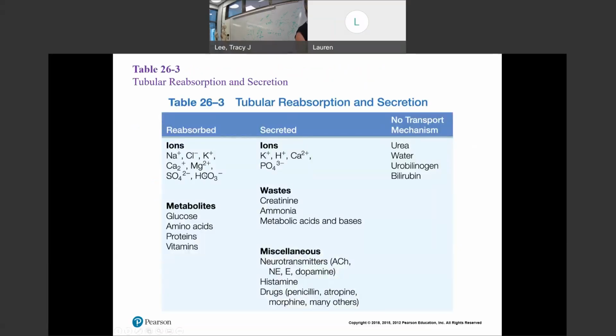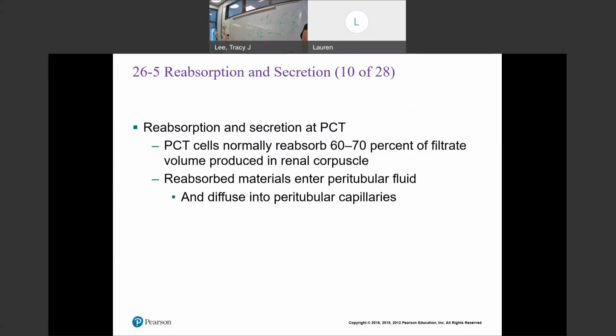And this just shows you some of the stuff that here's our waste, here's good stuff that we're holding on to. Again, I'm not going to quiz you on this, but it's not a bad idea to just know it. Proximal convoluted tubules, we said 60 to 70% of reabsorption happens in the proximal convoluted tubules. It enters the peritubular fluid.